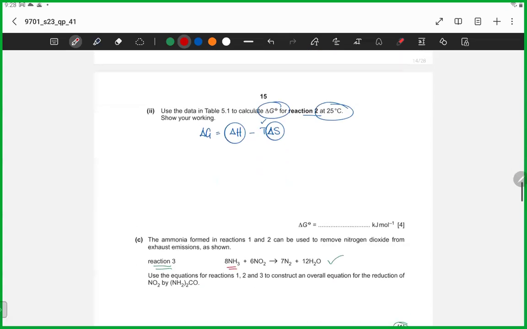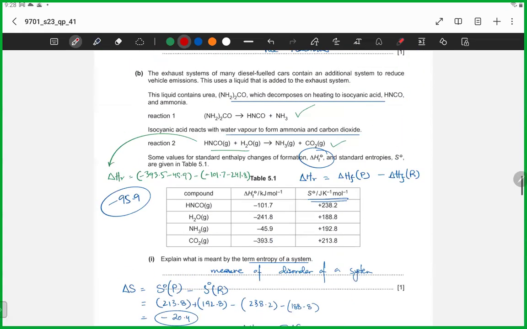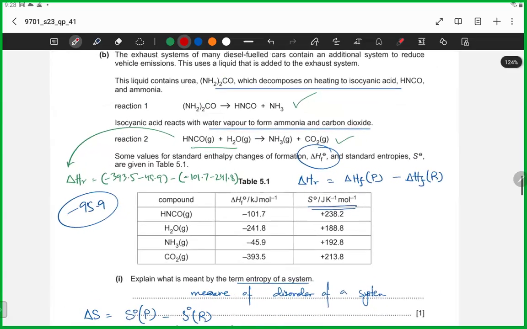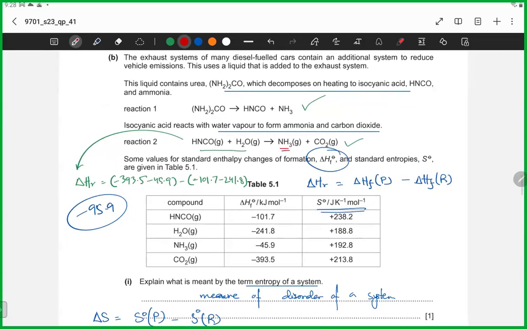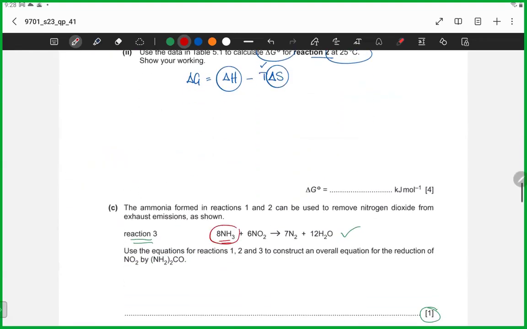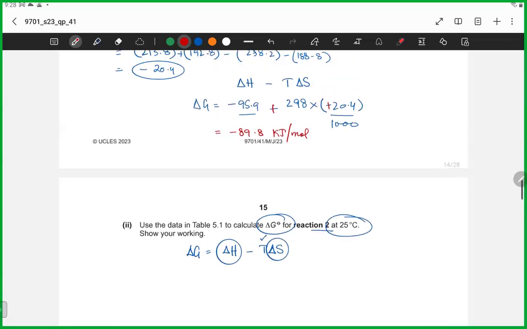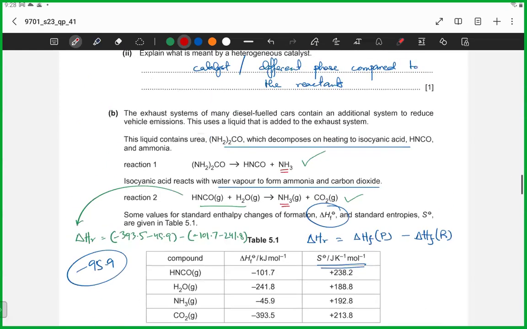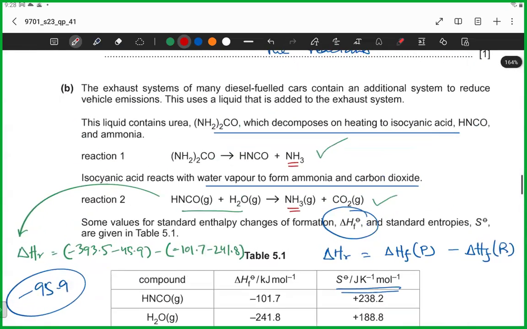Here you've got NH3, right? In reaction number 2, you have NH3 getting produced, and in the first reaction, there's NH3 getting produced as well. In total, you've got 8 NH3 that are reacting in the third reaction. So in the first two reactions, you should have 8 NH3 getting produced.